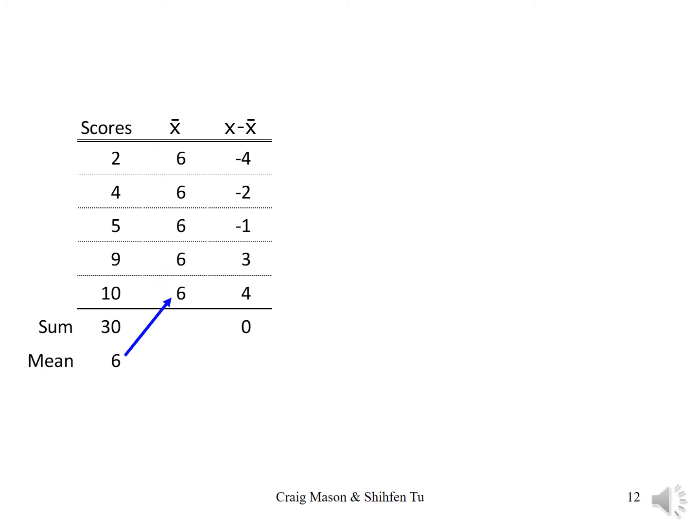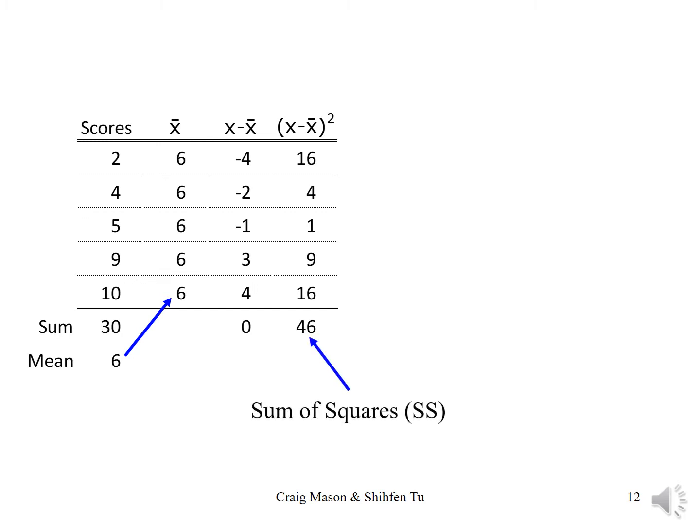Notice that these do sum to 0 just like we just said. We then square these values to get 16, 4, 1, 9, and 16. Notice all the negatives have disappeared. We then add up these to get 46, which is called the sum of squares.